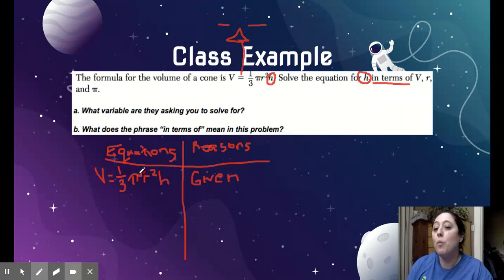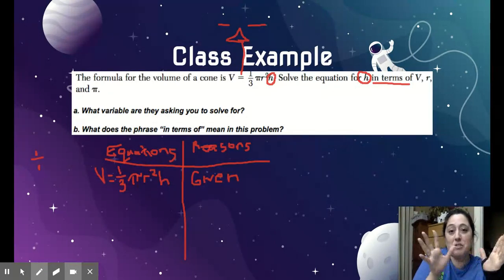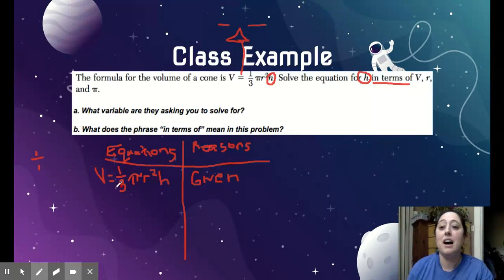So now what do I need to do to actually solve this for h? I look right here, 1 divided by 3, right? So I know that I have division that I'm going to need to undo. And I have everything touching each other, right? We talked about how when those variables or numbers are just right next to each other, nothing in between, that's always a multiplication, right?